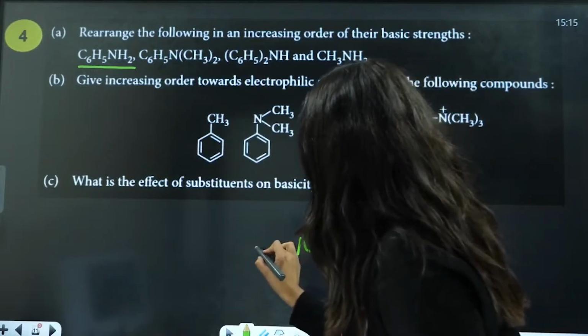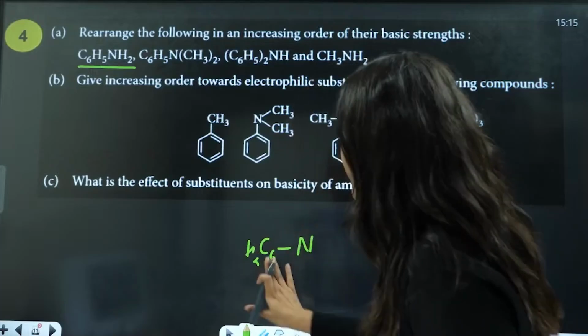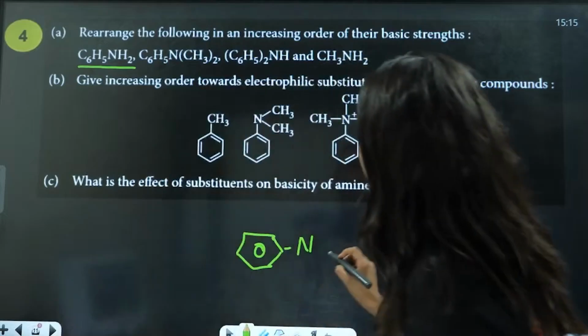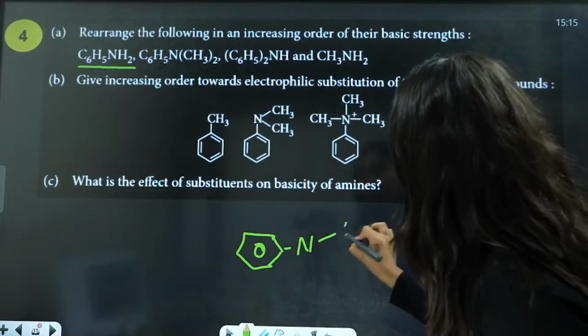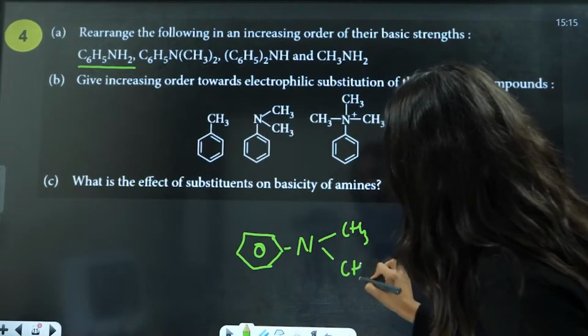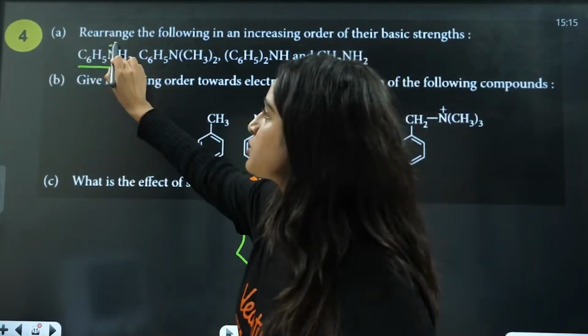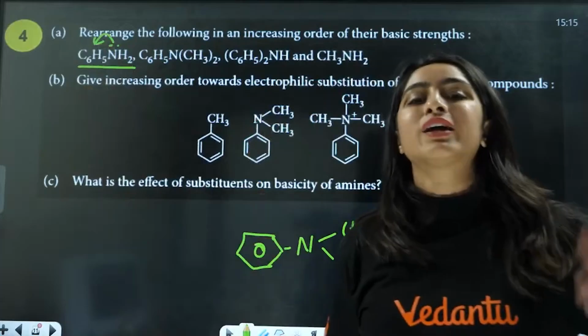This is C6H5, I'll write it here. Now this is phenyl, and here you have 2 CH3. See this very carefully. Here electrons are involved in the resonance, they are not available.